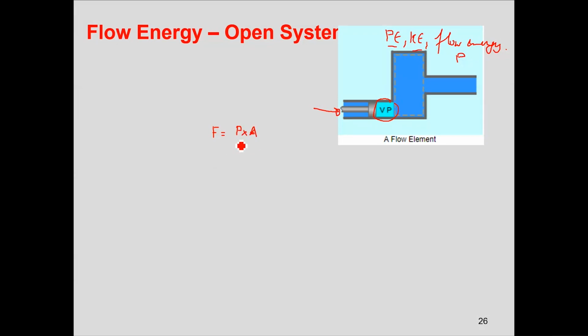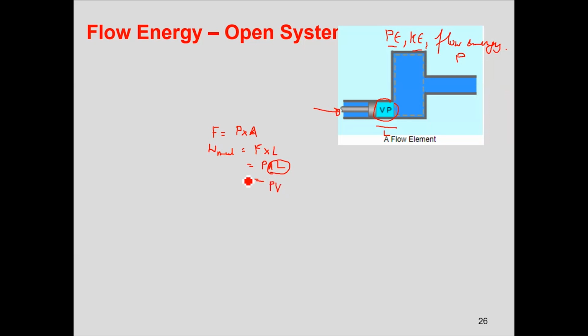And if we want to convert this force into the work done by the fluid, which is mechanical work, this would be equal to force multiplied by the length for which that force acts, which is the length of this control volume. If I plug in pressure times area instead of force, multiplied by length, this term becomes the volume.